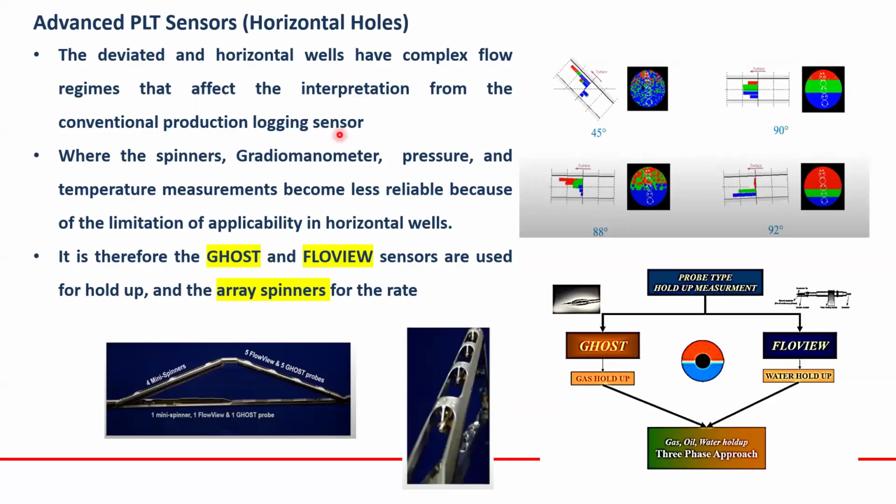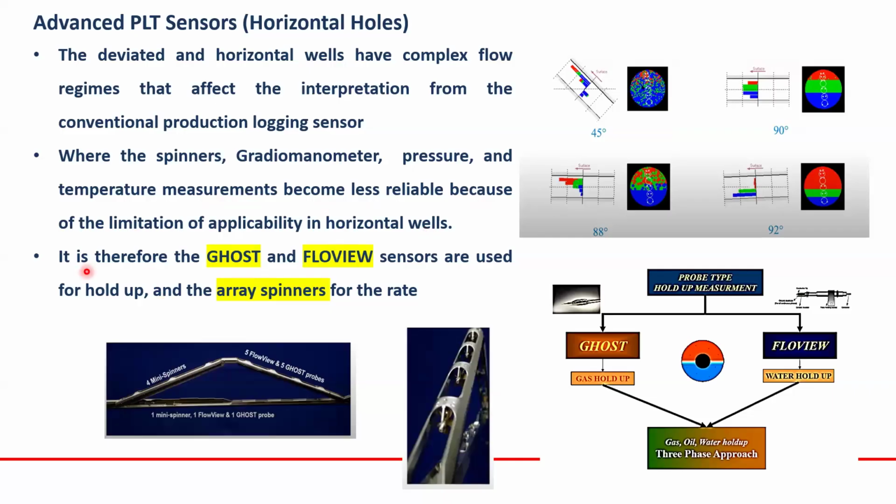As I mentioned, in horizontal and deviated holes the flow is not normal. It's not coming from bottom to top. We have some segregation in the fluid, going up and going down, and we have some debris and so on, where the spinner, gradiometer, pressure and temperature measurements become less reliable because of the limitations in horizontal application.